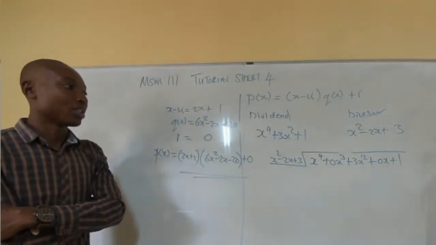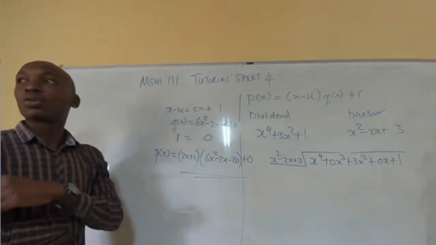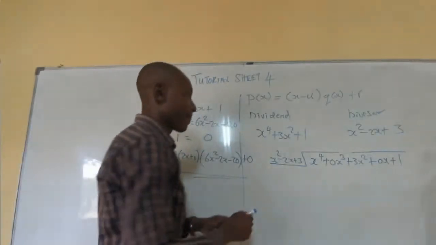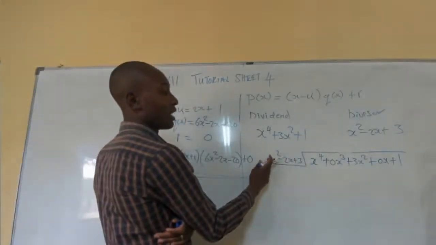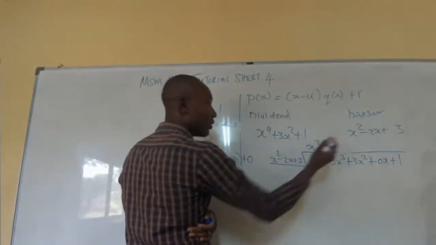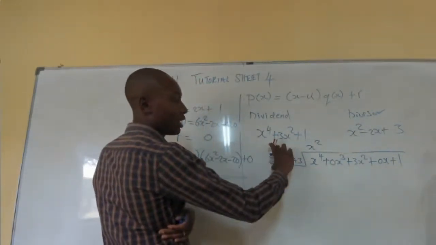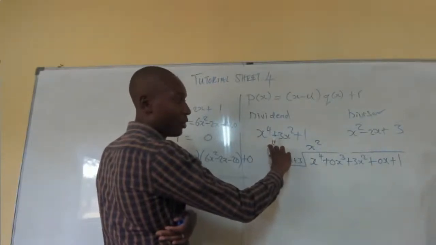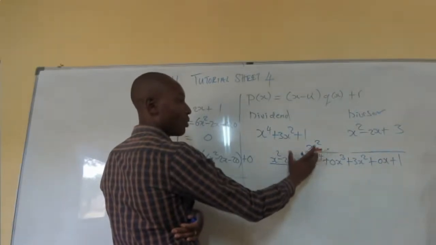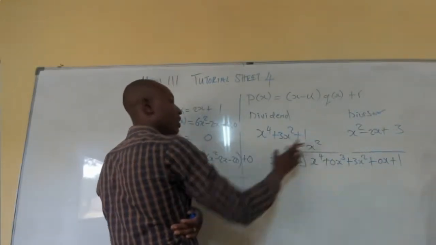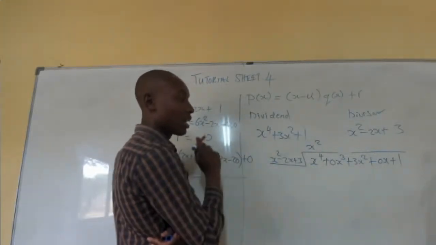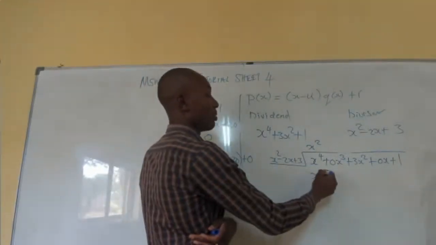So what are we supposed to do? Here's what we're going to do in this question. What is x squared times x squared? This is x to the power 4. Remember, division is only for the highest powered variable, but when it comes to multiplication, we multiply the entire component with everything in the divisor. So x squared times x squared is x to the power 4.